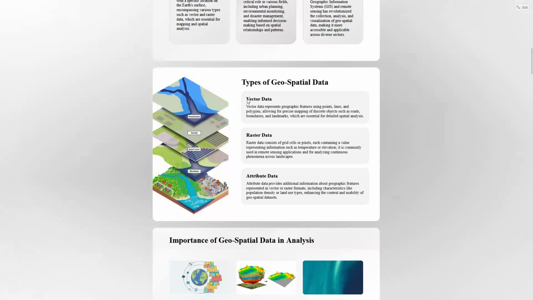So when you look at data, there is vector data, there is raster data, and there is also something called attribute data. Attribute data is just text or metadata associated with a specific vector or raster data, so attribute data cannot exist without vector or raster data. Like I said, it basically represents metadata of either of these.